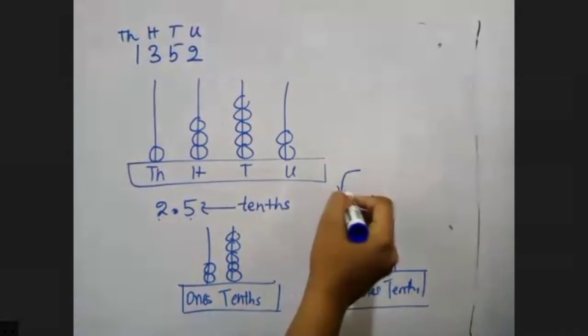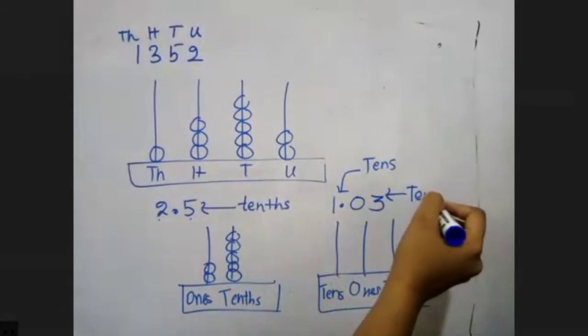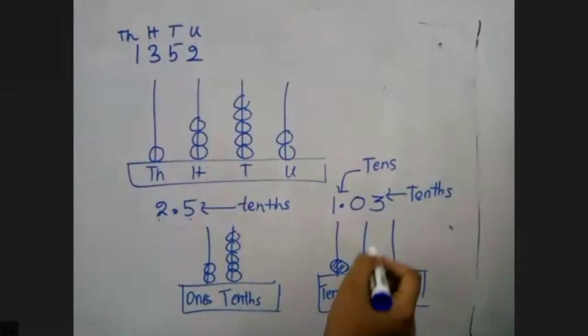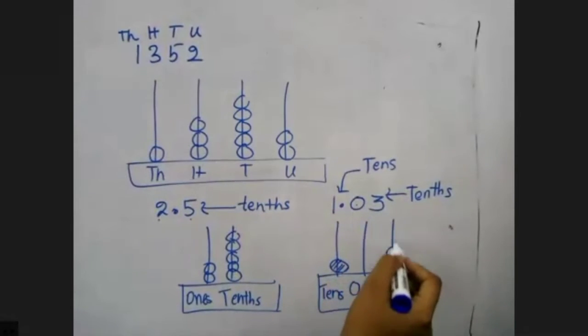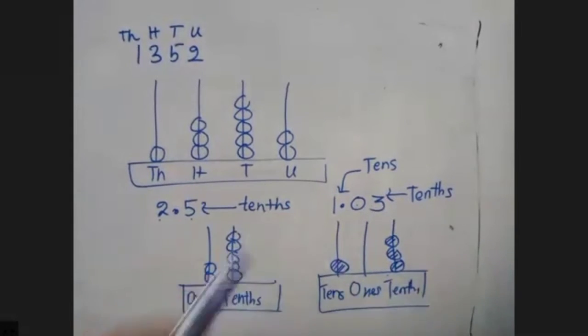This is tens. And this is tenths. This tens is after the decimal point. So I can draw the beads. 1 bead here and 0, that means no beads here. And here I can draw 3 beads. So this is the way of representing a 2 decimal place number on an abacus.